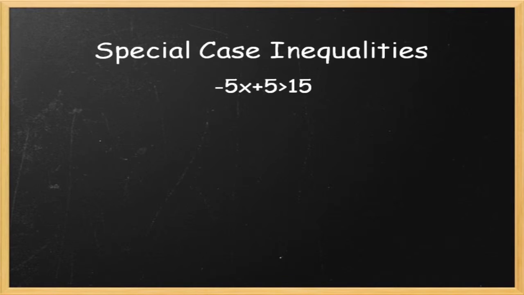Now, special case inequalities. Negative 5x plus 5 is greater than 15. So special case inequalities is when you multiply or divide by a negative number. So negative 5 minus 5, like normal inverse operations. Now you get negative 5x is greater than 10. Here's the tricky part.